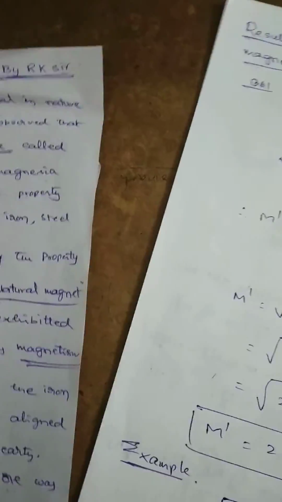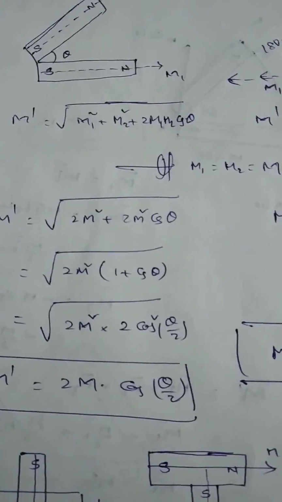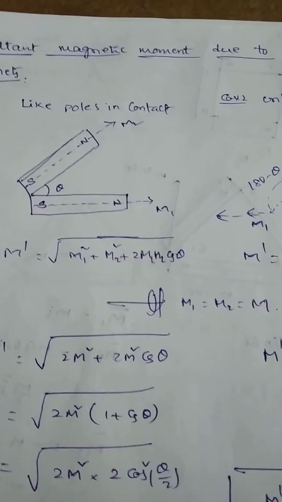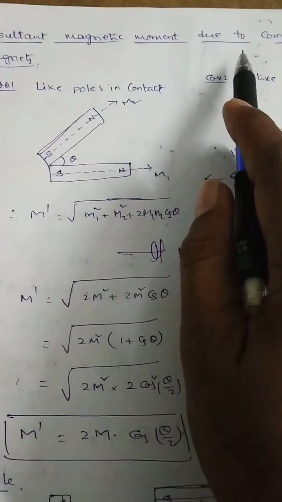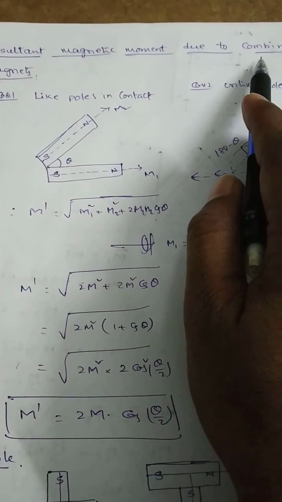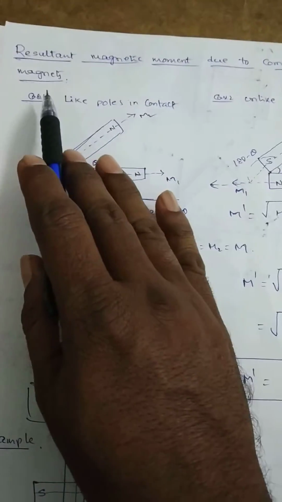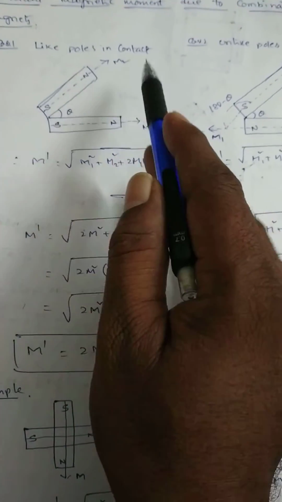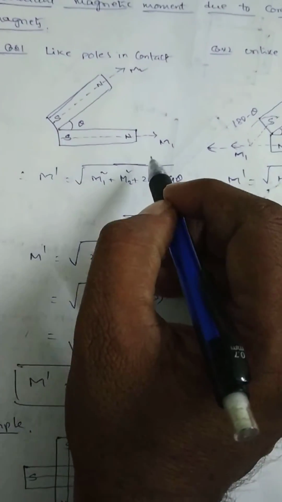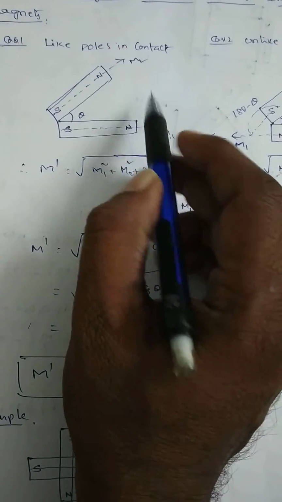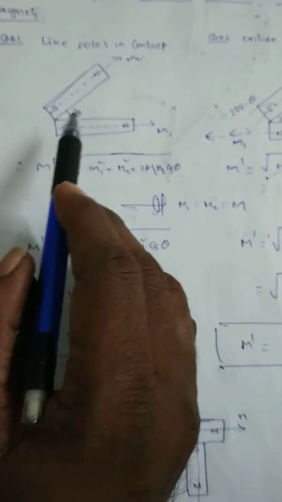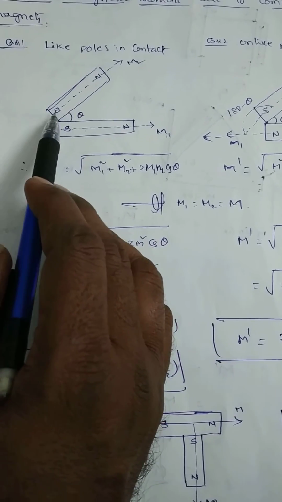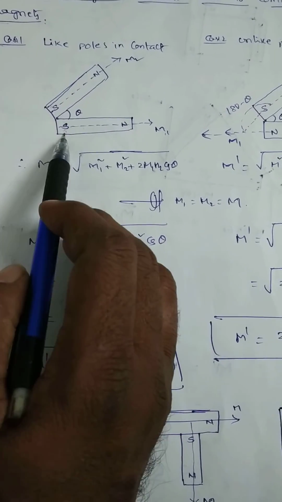Next one, resultant magnetic moment due to combination of magnets. Here let us consider two bar magnets. The magnetic moment of the first one is M1 and of the second one is M2. The two magnets are in contact at one end such that like poles are in contact together.